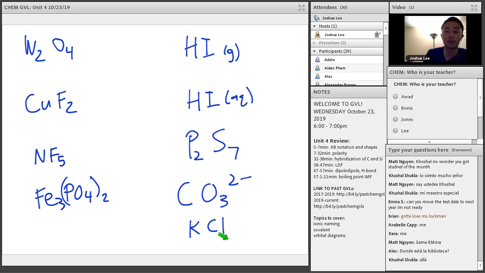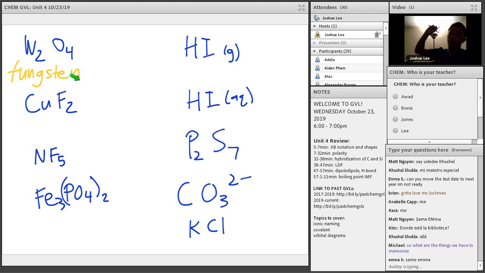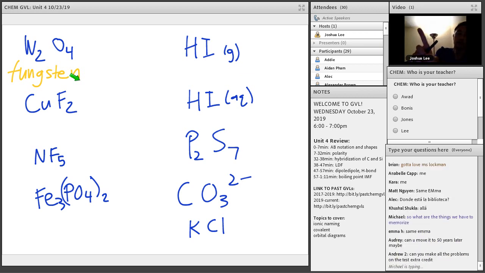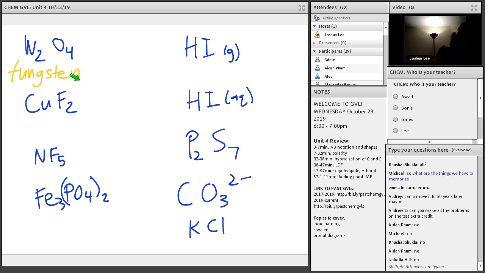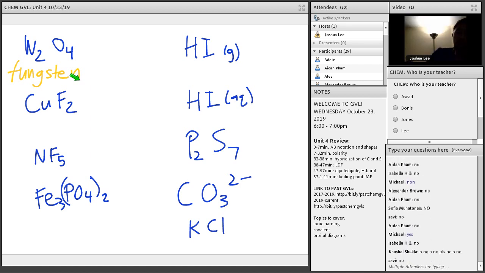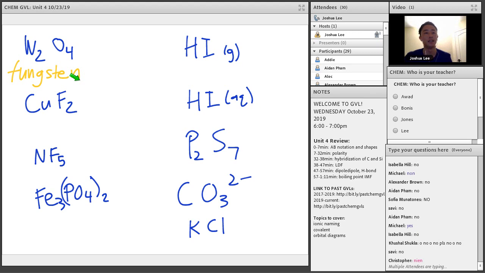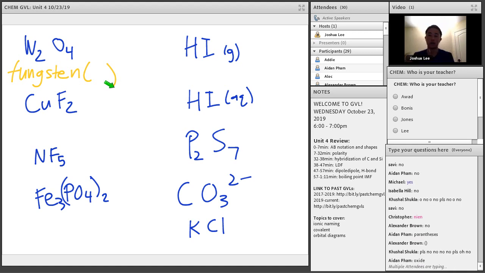All right. So W2, W is tungsten, so we write tungsten. Then you're going to love these questions. Is tungsten in group 1? No. Group 2? No. Is it aluminum? No, it's not. So what do we need? Parentheses. Then what's O? Oxide.